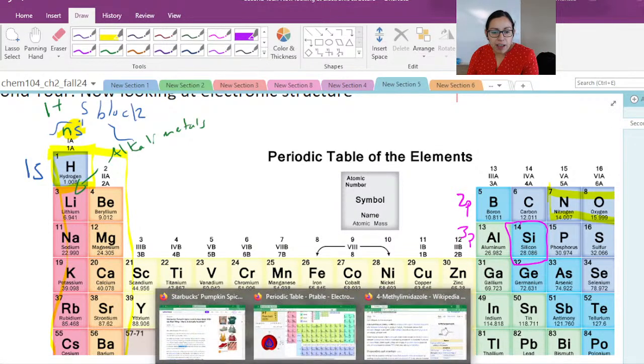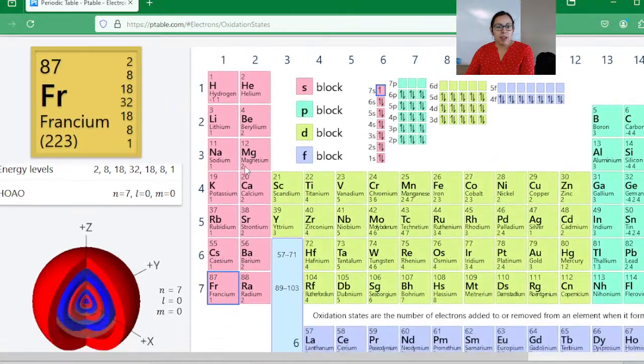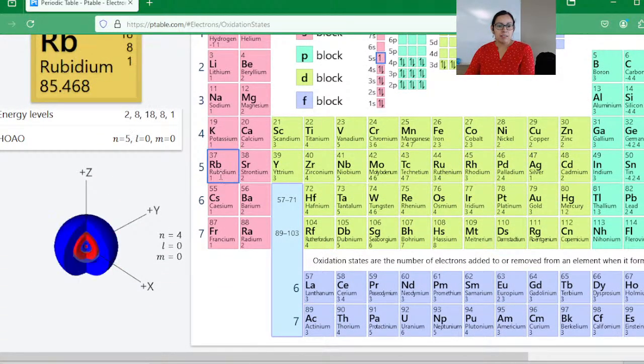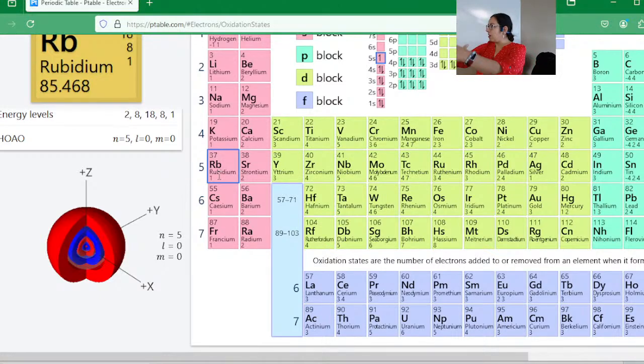So we can go back. Well, we said, okay, as we go down and we add our onion rings, our shell is getting bigger and bigger. But that also means that ns1 electron, that valence electron, is further and further out. As we go down, it corresponds to a new onion ring. And of course, as that electron gets further and further out from the nucleus, then it has a weaker pull.